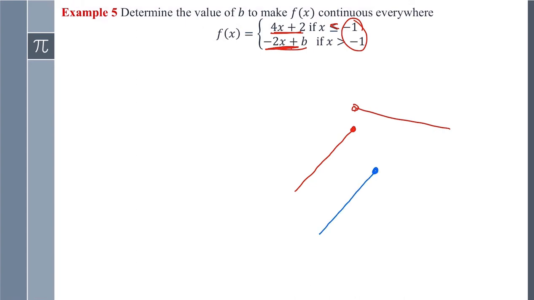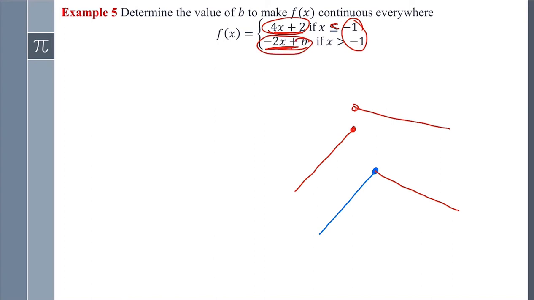There's a dot, and then we have the right graph just starting from the same point. Then this is continuous because there's no break now. There's no hole because of that dot. That happens only if the value of this blue line, this function 4x plus 2, equals the value of the function here at x equals -1.